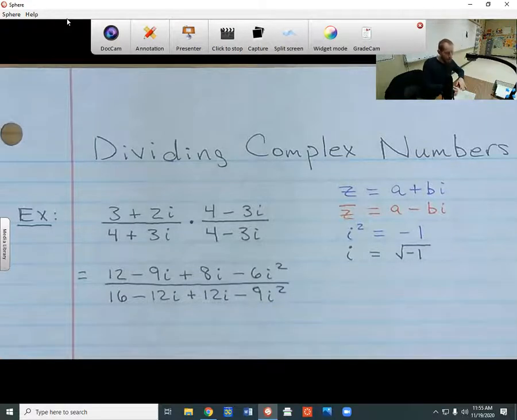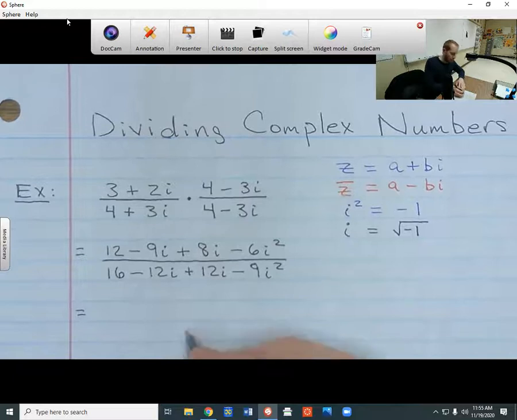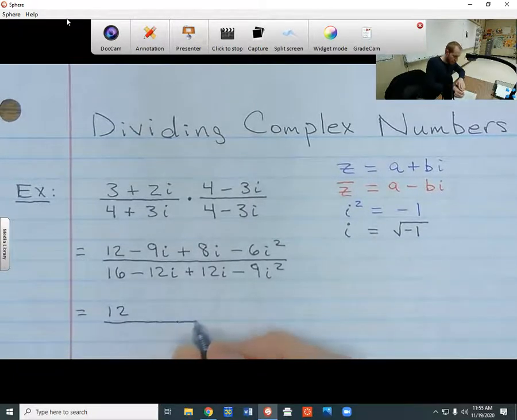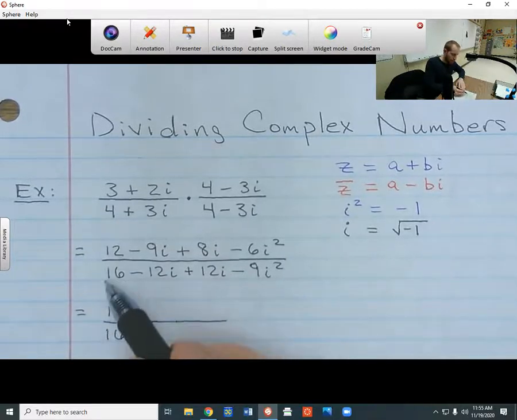Now we can simplify the middle parts and the last parts. I'm going to keep the first number the same. When I simplify this, I'm still going to have a 12 at the top and a 16 at the bottom. On the inside, I have these i terms that can be added together.